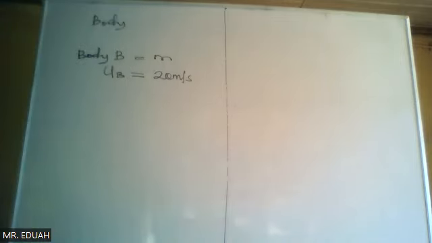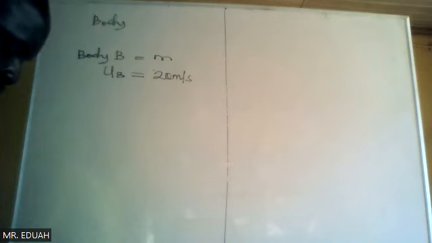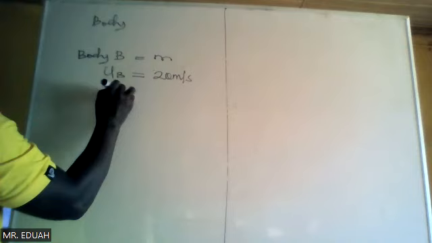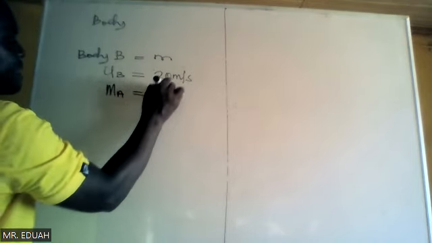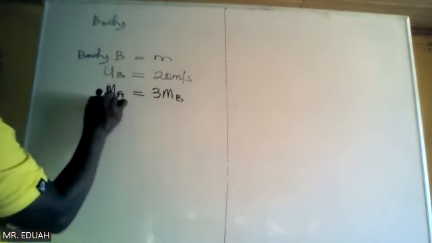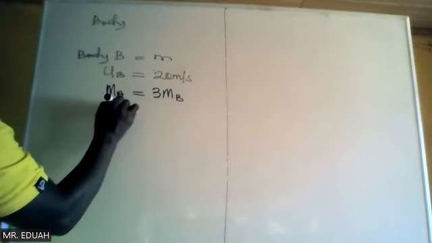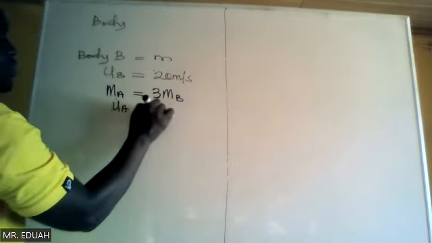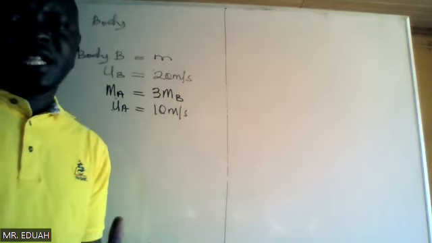So the velocity of A is 10 meters per second, and the mass of body A is 3 times the mass of B. The initial velocity of A is 10 meters per second, and the collision is perfectly elastic.